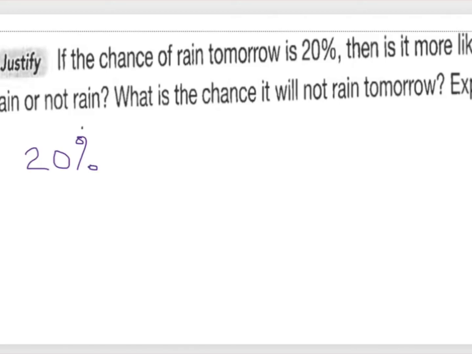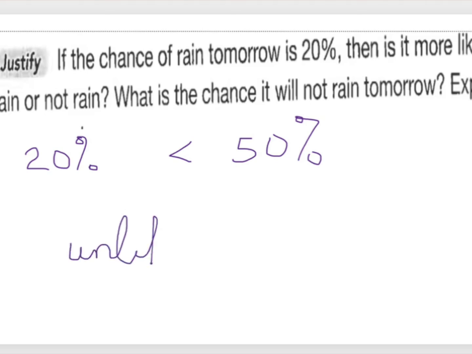Okay, now 20% is less than 50%. 100% would mean it's surely going to rain. So you're going to say it is unlikely to rain because this is less than the 50% mark.